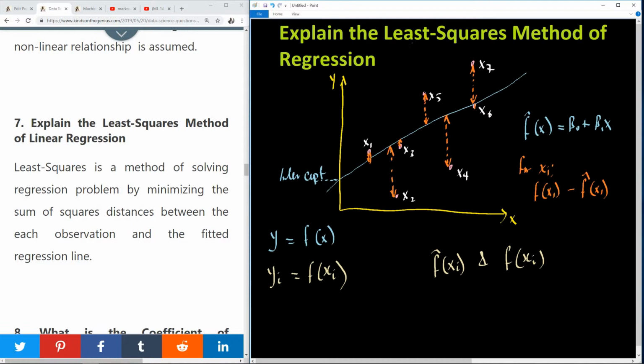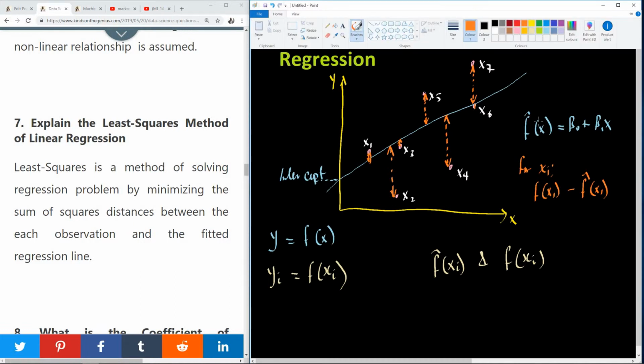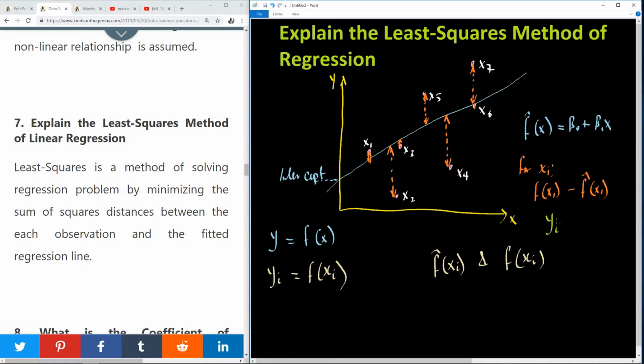In other words, the difference is y1 minus f hat of x1, which is the same thing as y1 minus (beta 0 plus beta 1 x1).